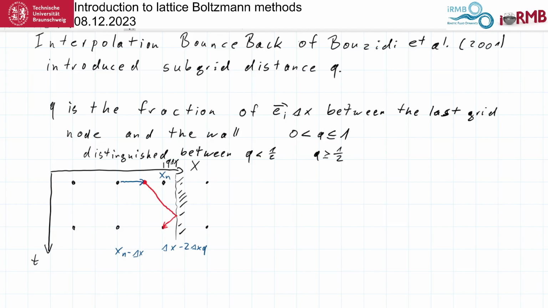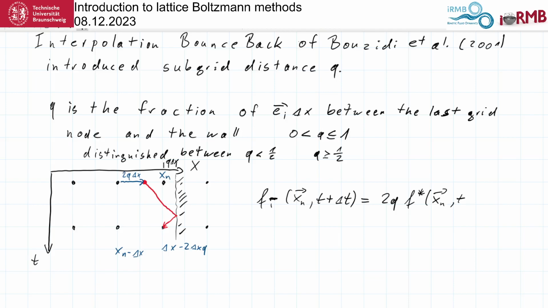Because this distance here is delta x minus 2 delta x q, this here must be 2q delta x. He's doing the interpolation between these, so we're using linear interpolation. f_i-bar at x_n in the next time step is equal to linearly interpolated 2q times the post-collision state of what is going out here.